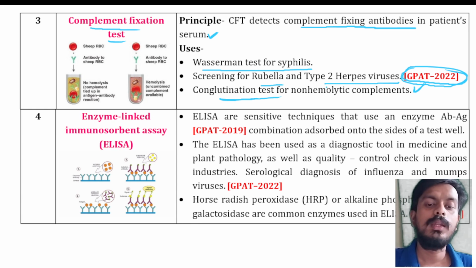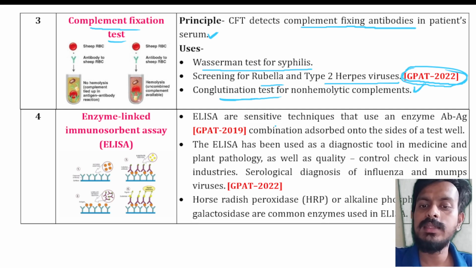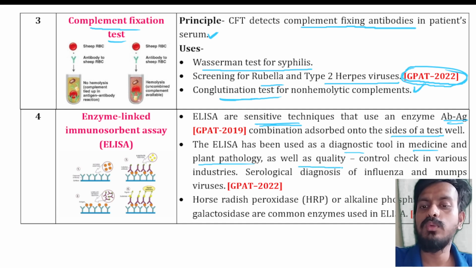Next is ELISA, or enzyme-linked immunosorbent assay. ELISAs are sensitive techniques that use an enzyme-antigen-antibody combination observed on a slide or test well. ELISA is used as a diagnostic tool in medicine, plant pathology, and quality control checks in various industries.